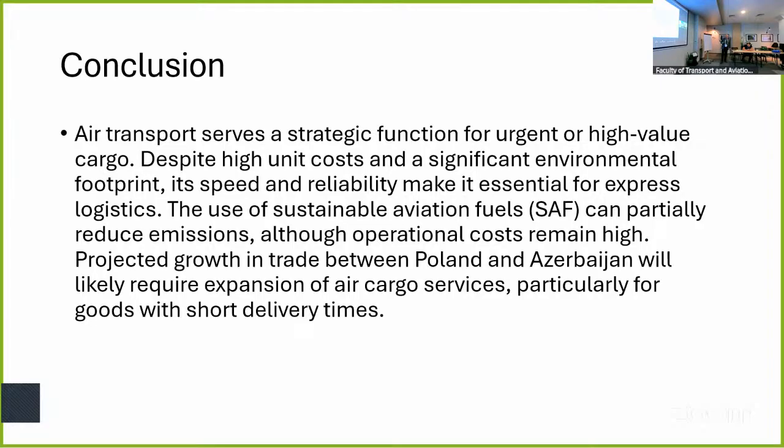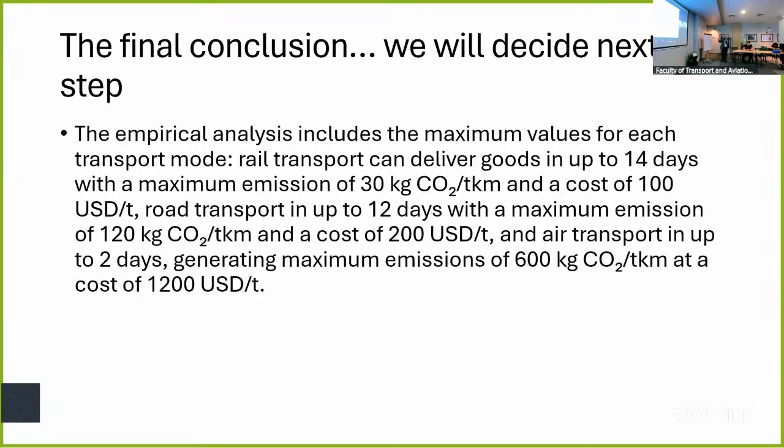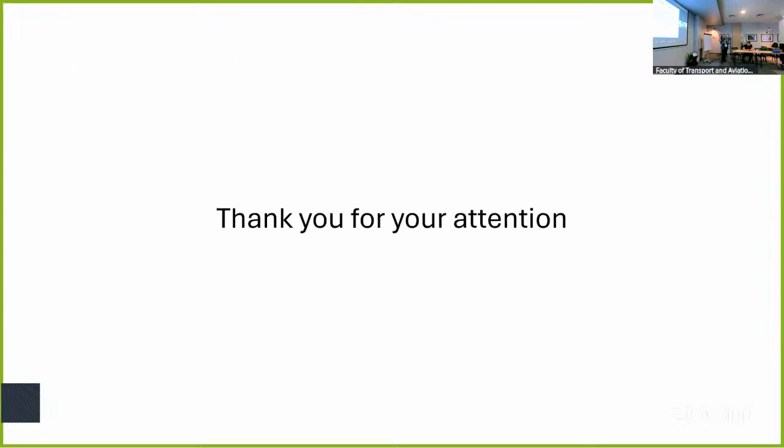Also, if we need to transfer products very fast, this is the best solution. What will be next? If we compare this information, we will choose the best solution. And the last is: thank you very much for your attention.